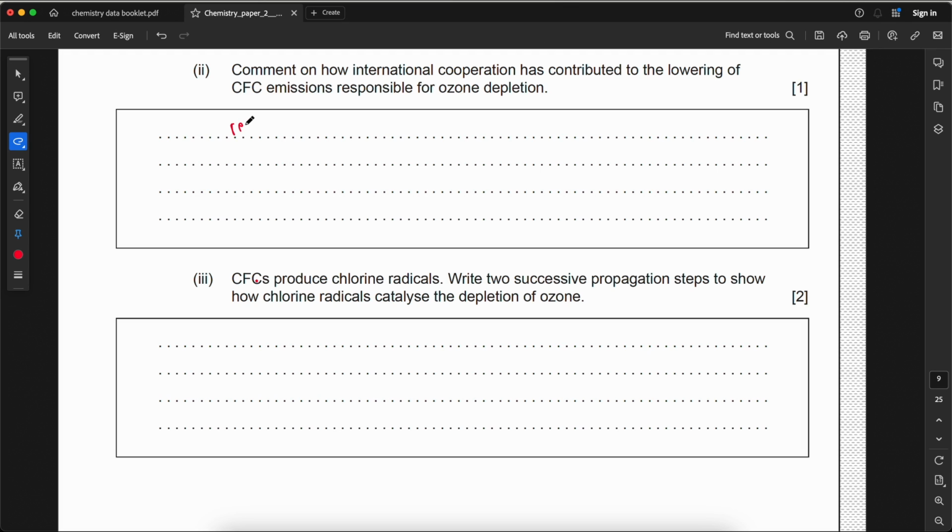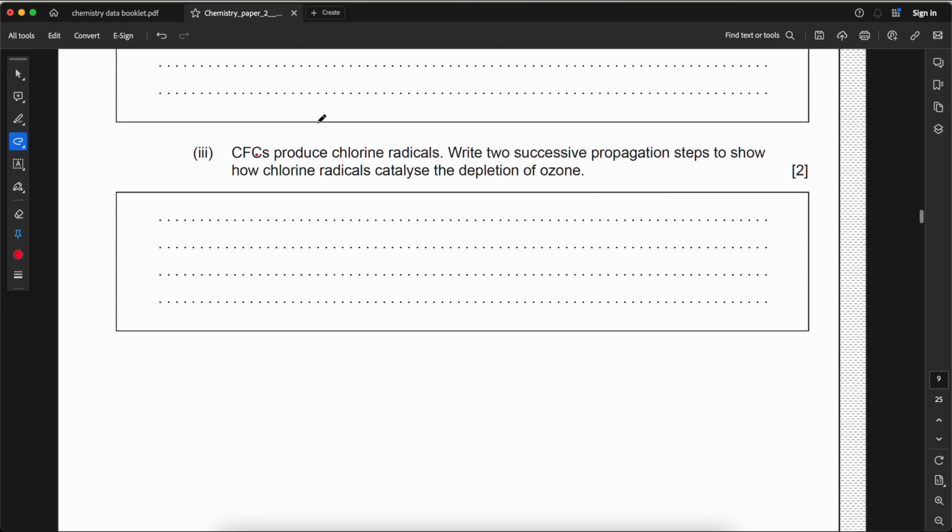So they do research collaboration for alternative technology to replace CFC, or they also do data sharing, so they would be aware of what is actually caused by having CFC emission. You can choose one of them.